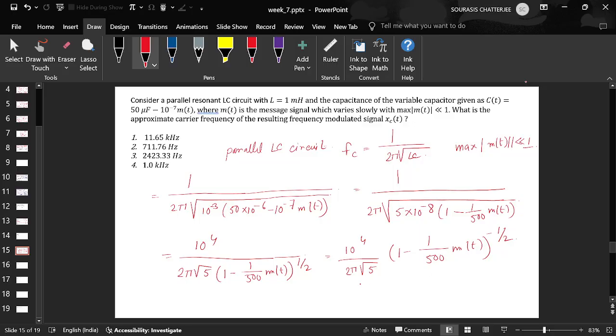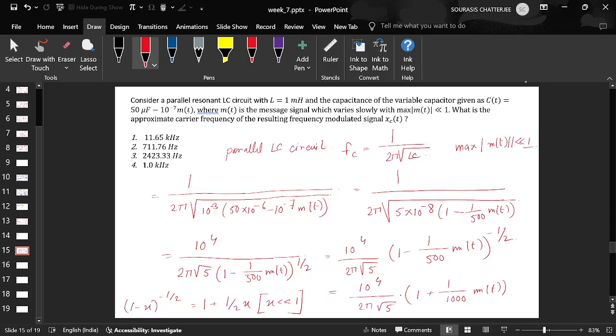So this thing we can approximate here as 10 to the power 4 by 2 pi root over 5 times 1 plus 1 over 1000 mt, and I am using the formula 1 plus x to the power minus half approximately 1 minus x over 2, which can be used when x is much less than 1.